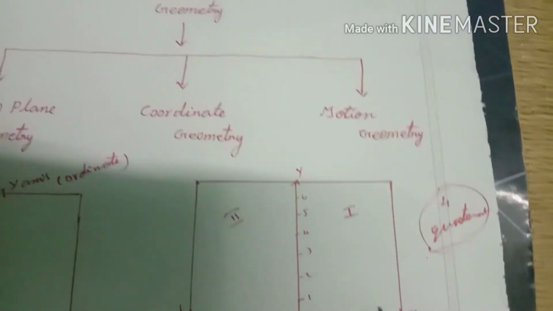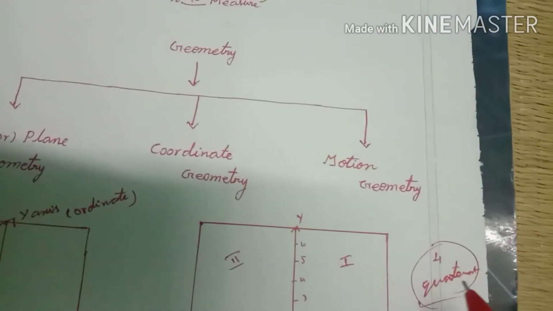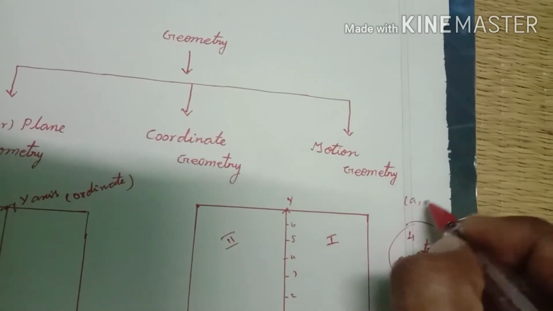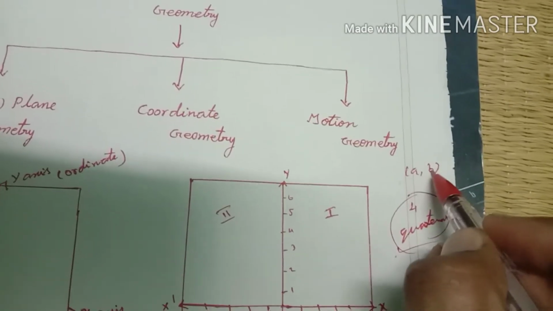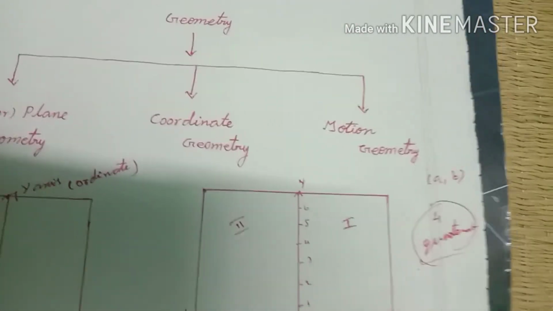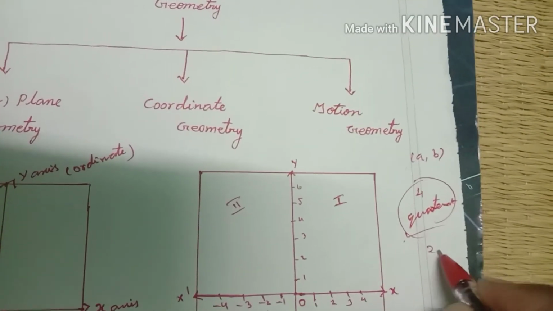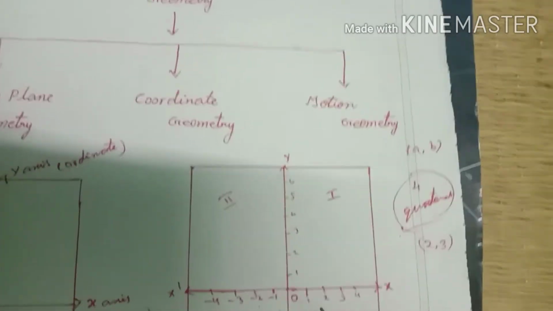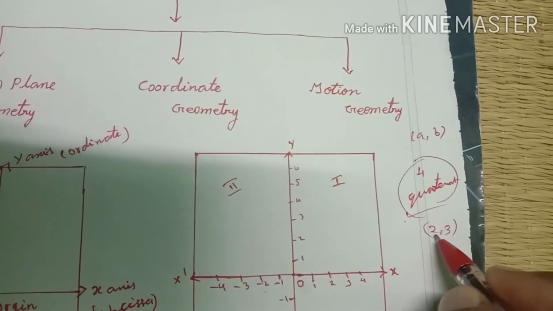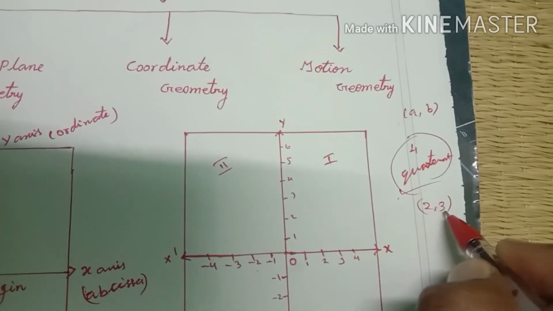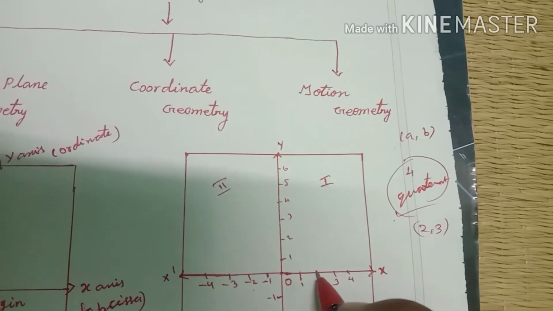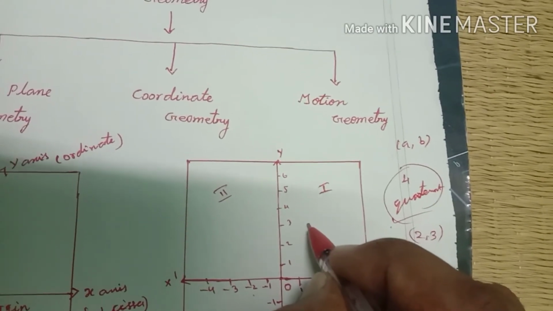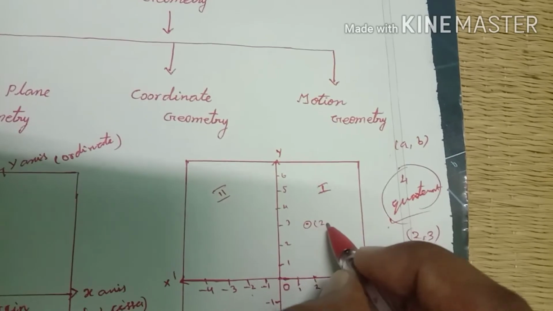We can locate a point using the ordered pair a comma b, like the row and column in algebra. For example, 2 comma 3: x is 2 units and y is 3 units, so here is the point 2 comma 3.